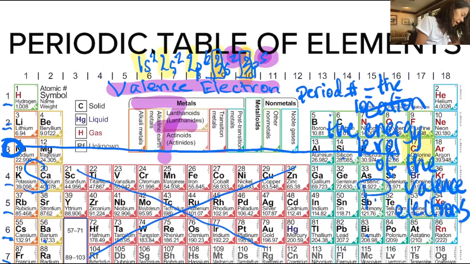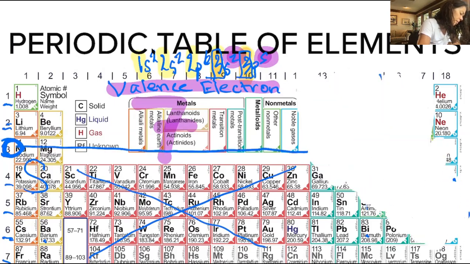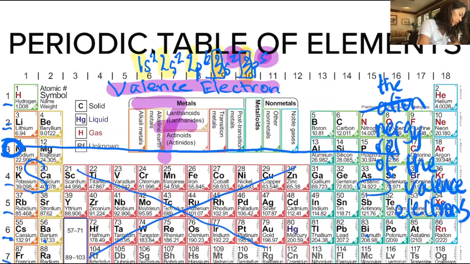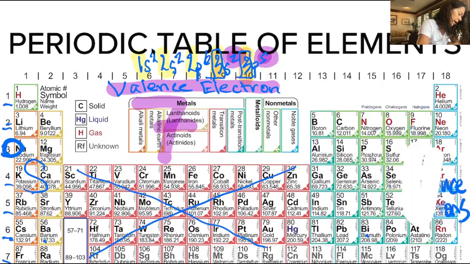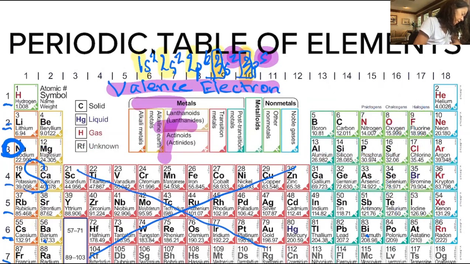The other thing that I notice, and I only notice it if I number my groups, remember groups go up and down. I only notice this if I number them in a particular way. And that's if we number them, let's get a better color that you'll see, green.